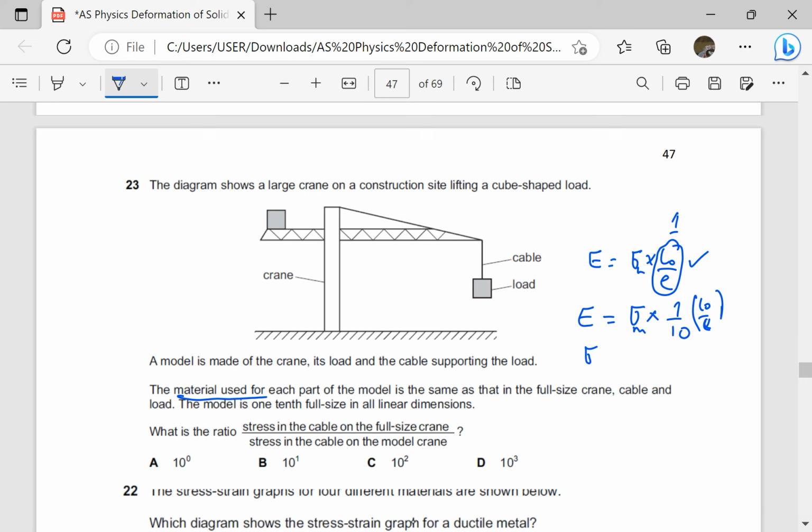So you can equate the two equations. We want to find the stress ratio. Okay, this is supposed to be 10.